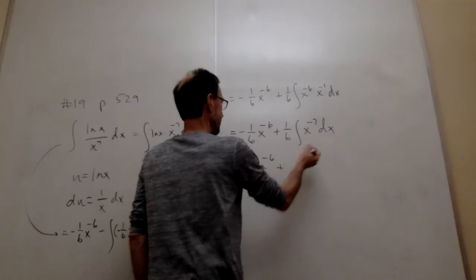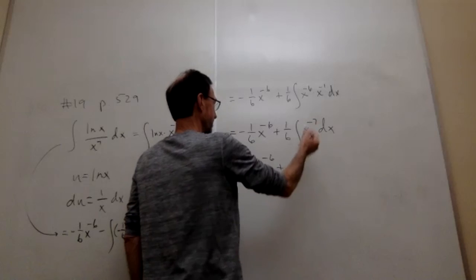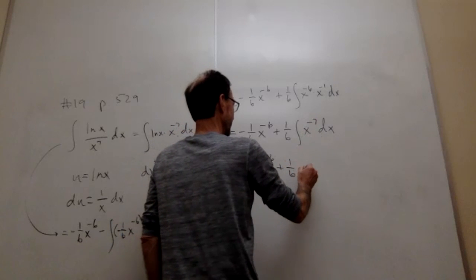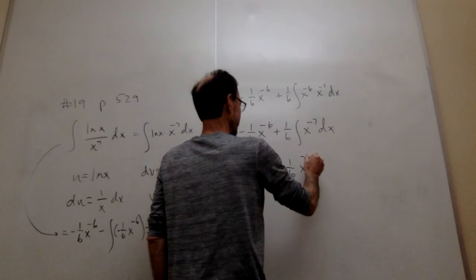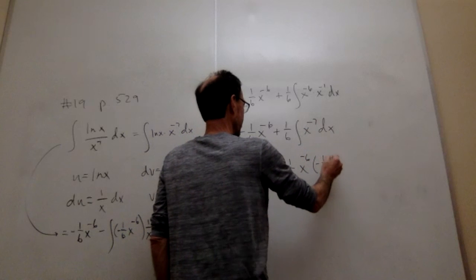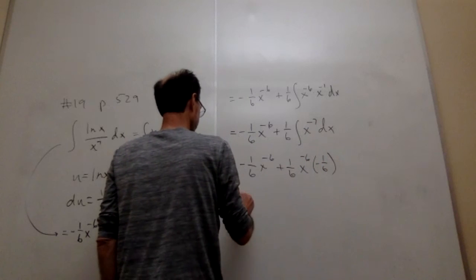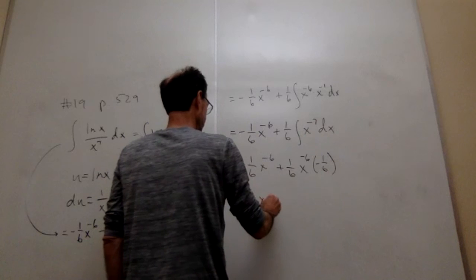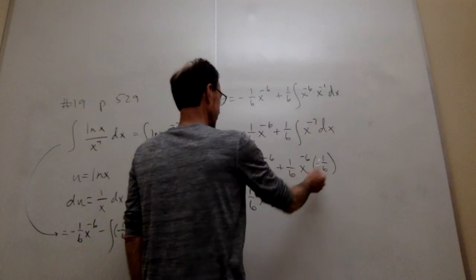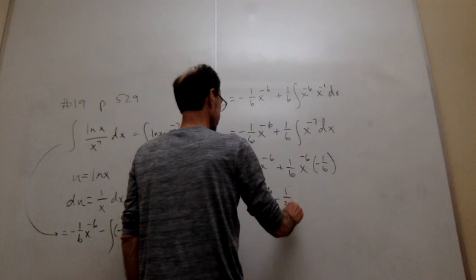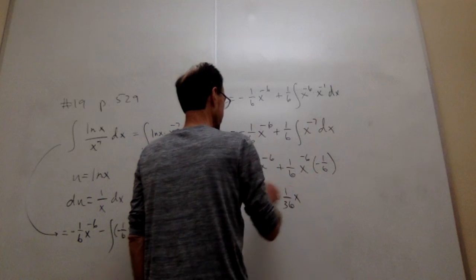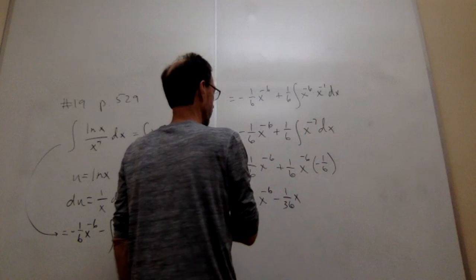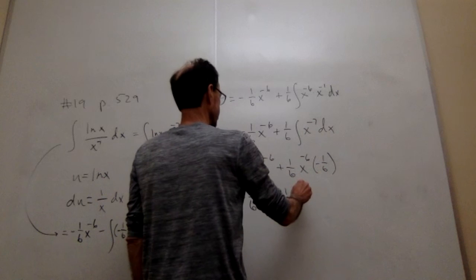So finally, you get this written as a power function, raise the power from -7 to -6, divide by the new power. And we get minus 1/36 x to the minus 6.